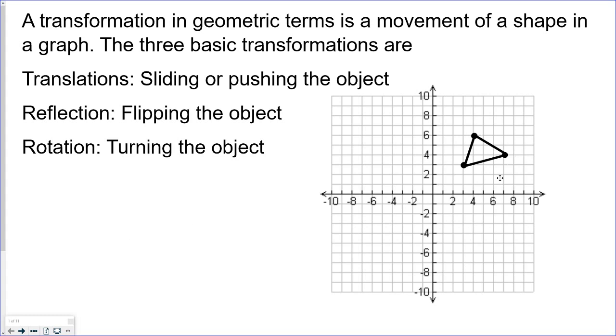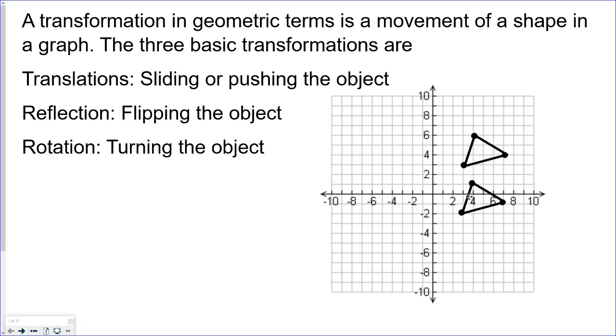So if we start with this object right here, a translation of that object is simply pushing or sliding it along the graph to some different position, usually left or right. If I take this original picture here and I slide it to the left, that's a translation. If I slide it up, that's a translation. If I slide it up and to the left, that's also a translation.